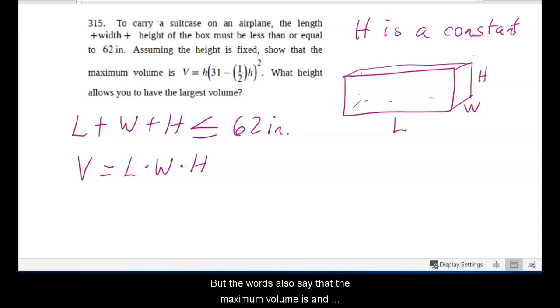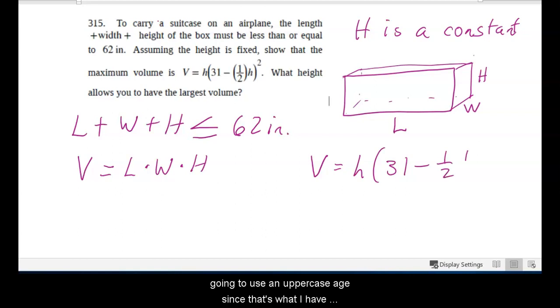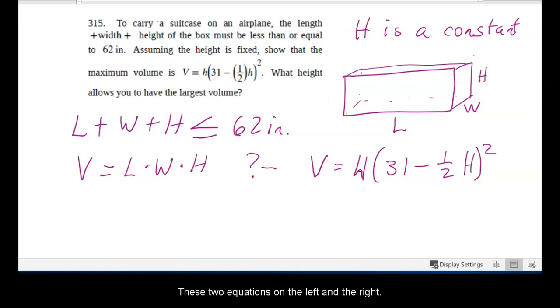But the words also say that the maximum volume is, and they give me a different equation, equal to height times the quantity, 31 minus half of the height, and I'm going to use an uppercase H since that's what I have in my picture, squared. Okay, I need to show somehow that these two equations on the left and the right here are actually equivalent.